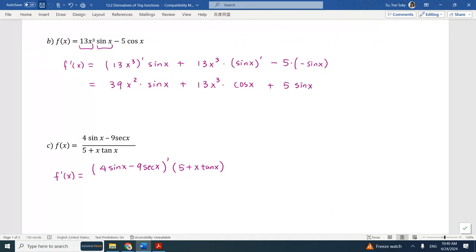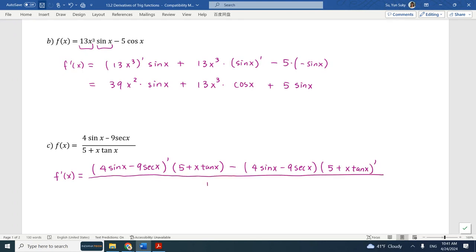Plus or minus? Minus U, which is the top, times V prime. V is the bottom. Prime. And then all over V squared.